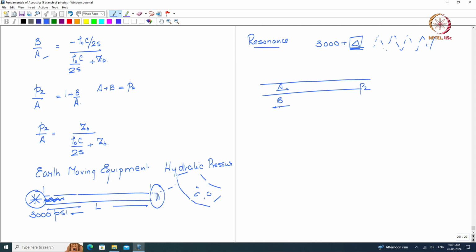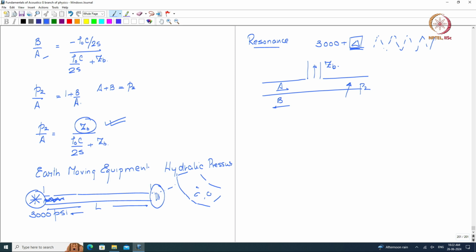Now what we do is we put in a side branch, with an impedance ZB. That is what we have done so far, and that has given us what? The oscillating pressure here, P2, divided by A, the incident pressure, as a function of this ZB.